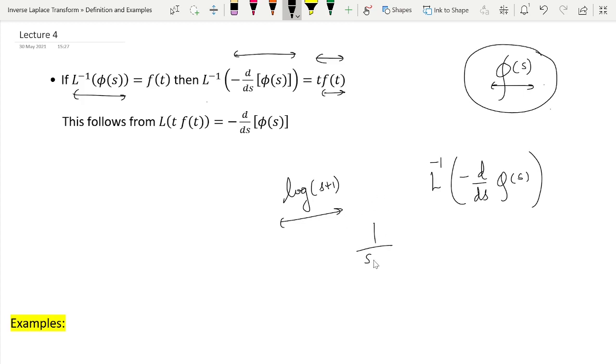It is 1 upon s plus 1, and we already know the inverse Laplace transform of 1 upon s plus 1. So for such functions also we can use this property. Now let us jump into the examples. By the way, this property follows from the well-known property of Laplace transform, that is multiplication by t.